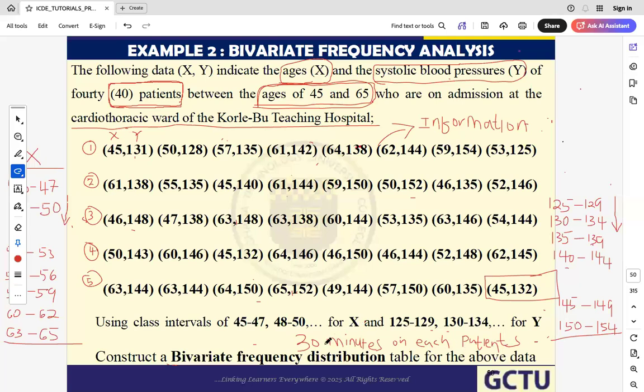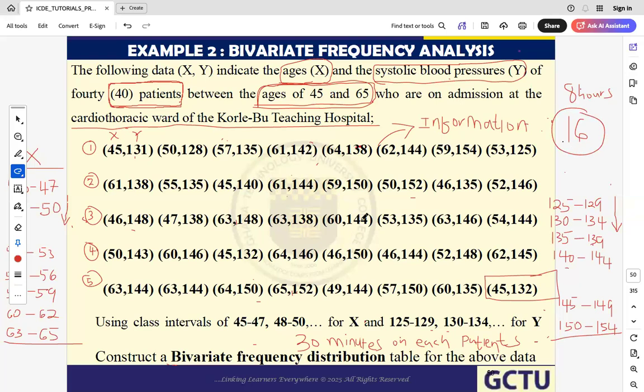Now, can you imagine if the doctor is spending 30 minutes on each patient, and the doctor has 8 hours in the ward like they do? It means effectively the doctor can only attend to 16 patients out of the 40.